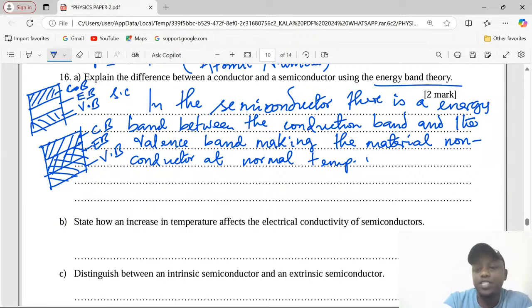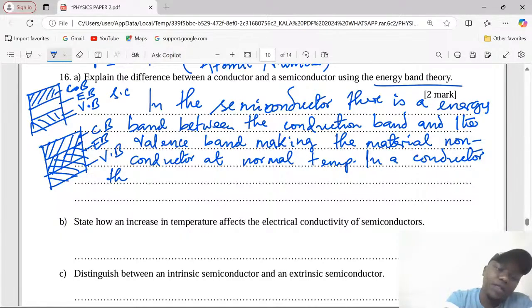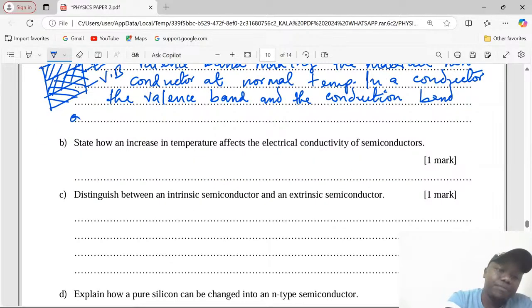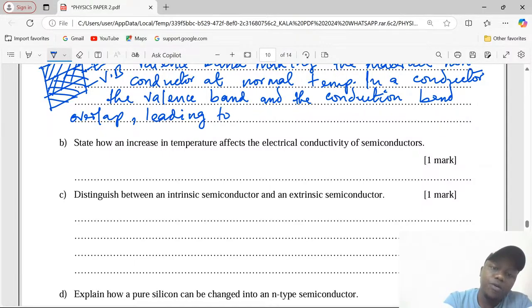So at a normal temperature, while in a conductor, the valence band and the conduction band overlap, leading to no energy band or energy gap.